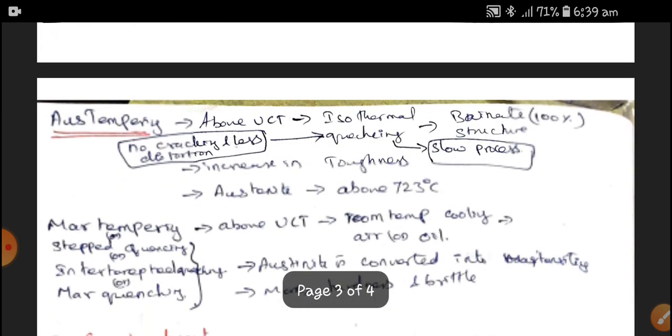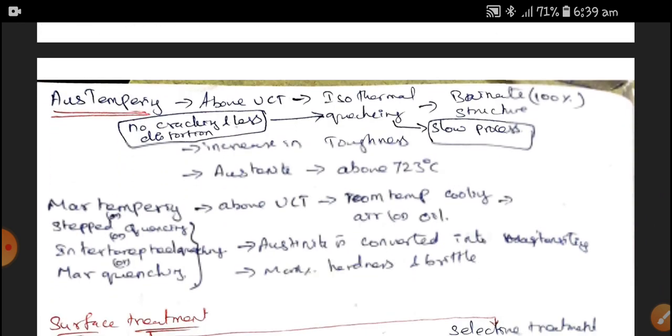Next is Austempering. Austempering is the process where, after the hardening process, the material is heated again above the upper critical temperature, and we do an isothermal quenching. The isothermal quenching is a slow process.